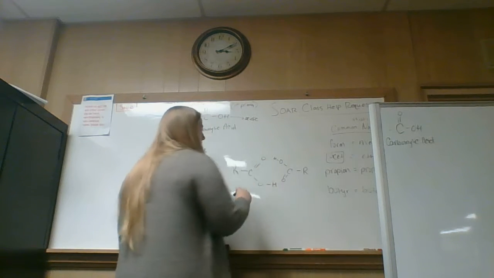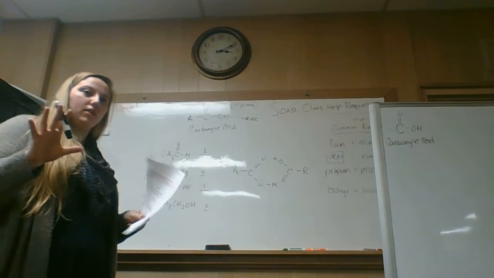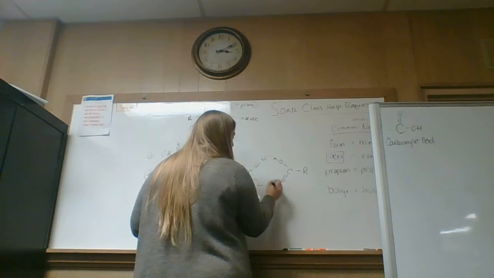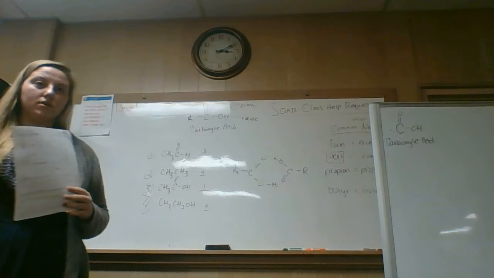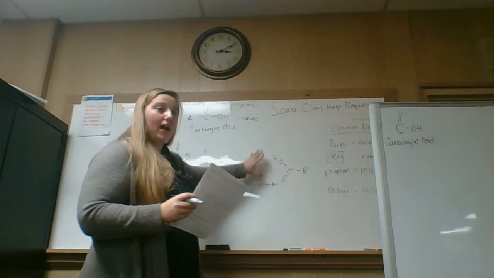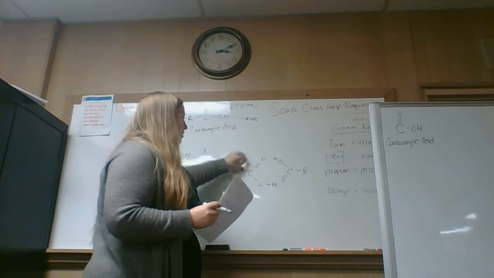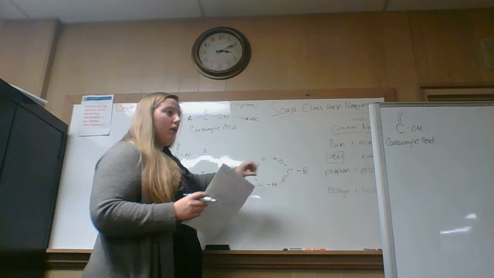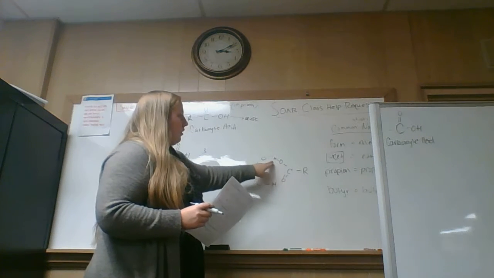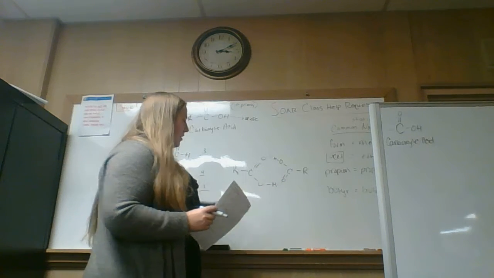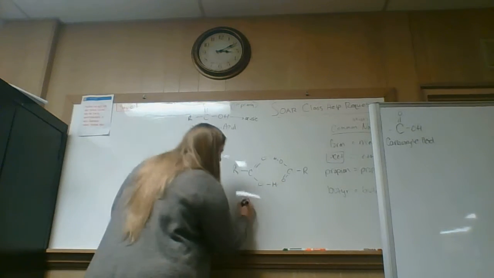Okay, so if we have 2 carboxylic acids in close vicinity to each other, we actually have the ability to make 2 hydrogen bonds. This is referred to as a hydrogen bonded dimer because there's 2 of them. So we have the carbonyl group of 1 attracted to the hydrogen off of the OH group, and then you have the same thing happening here. This differs from alcohols.